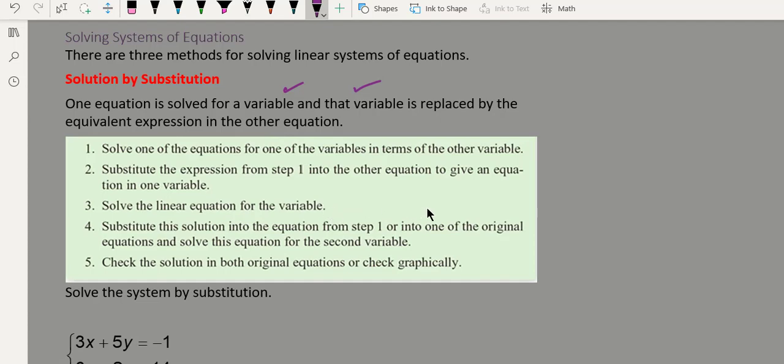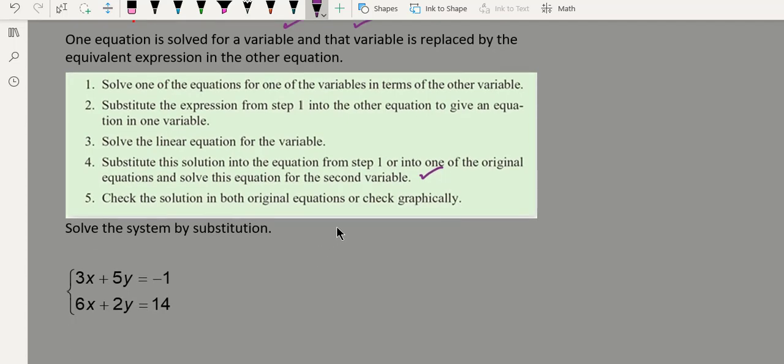Once you have found that variable, you plug it back into the original and find the second variable. And then you check the solution just as I did above, or you can check it by graphing.